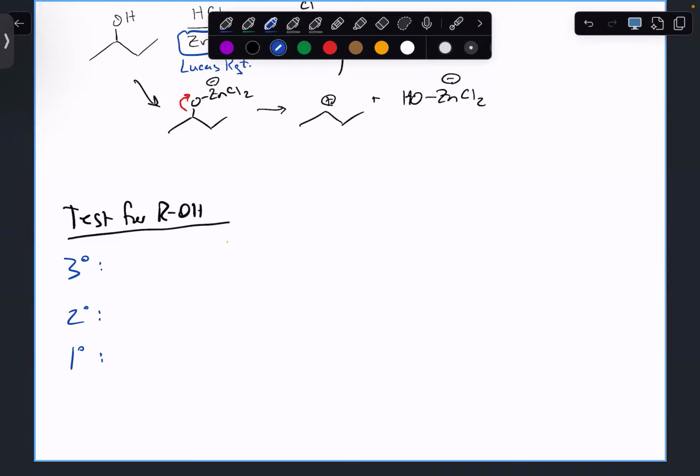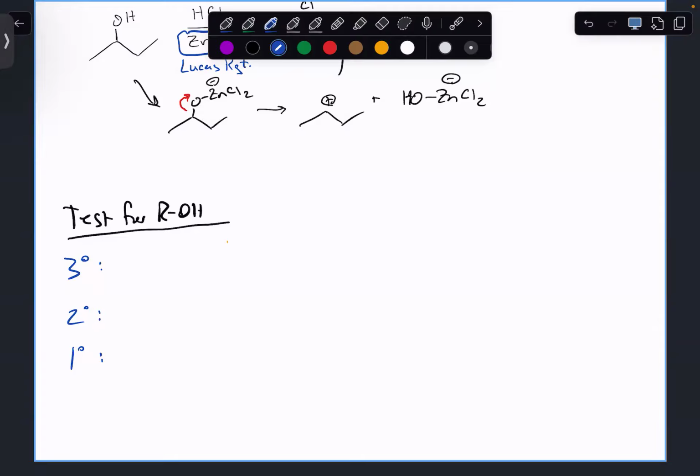If the reaction occurs, you're making a chloroalkane. Chloroalkanes are not soluble in the aqueous solution that the Lucas reagent is. So as the alcohol got transformed into the chloroalkane, you would see 2 layers develop.